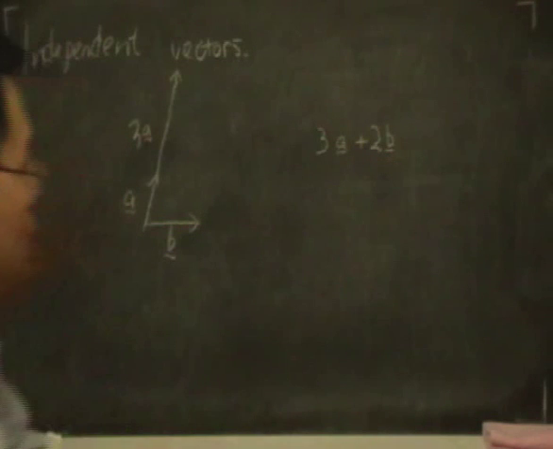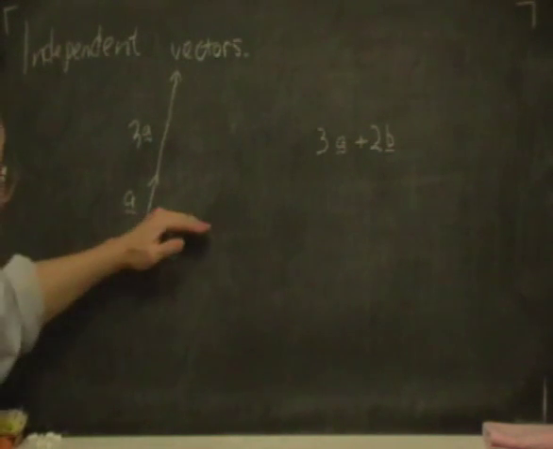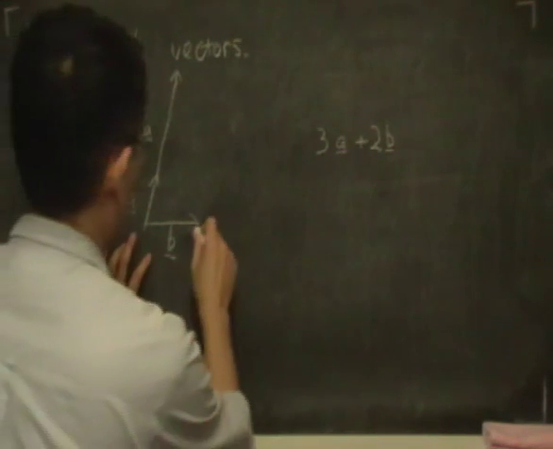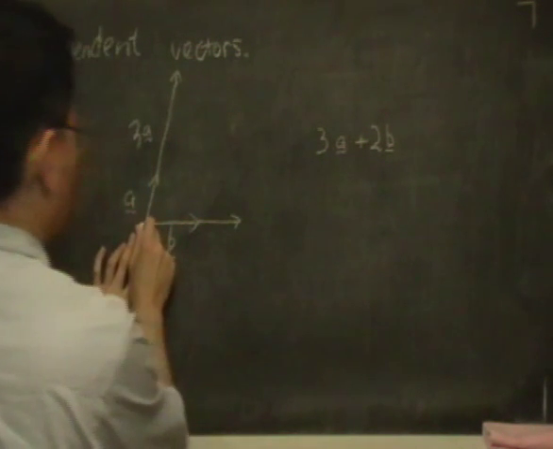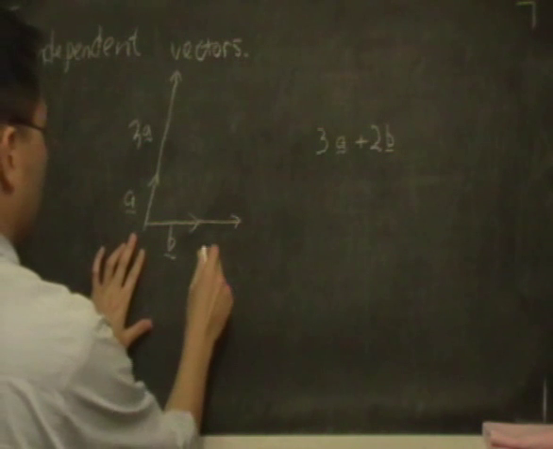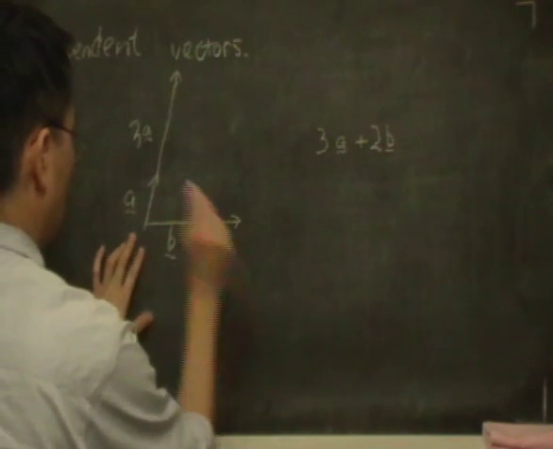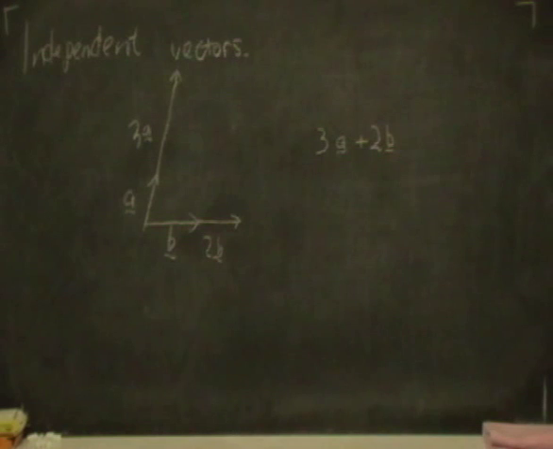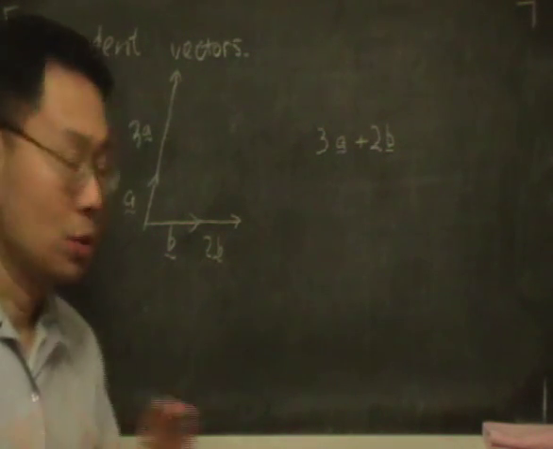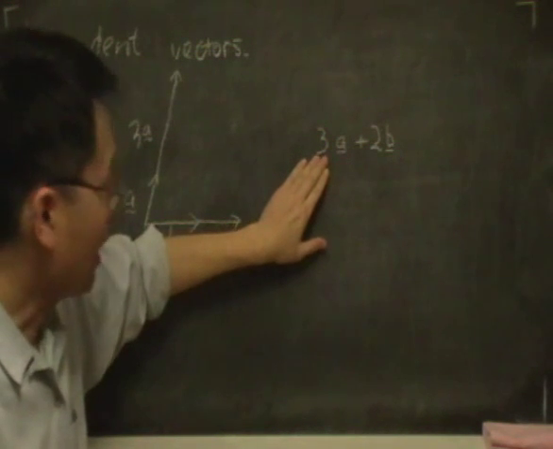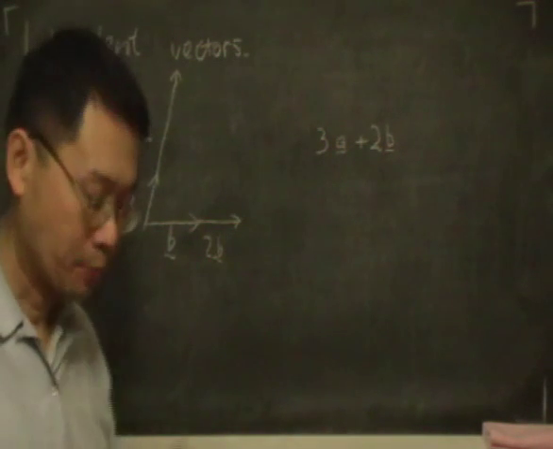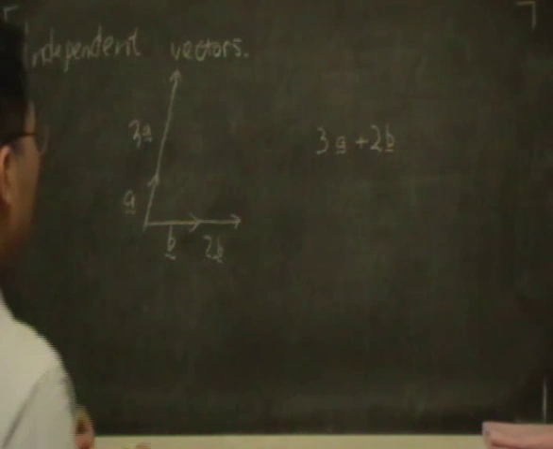And 2B is a vector that is in the same direction as B but twice as long. So 2B would go from there to there. That would be 2B.